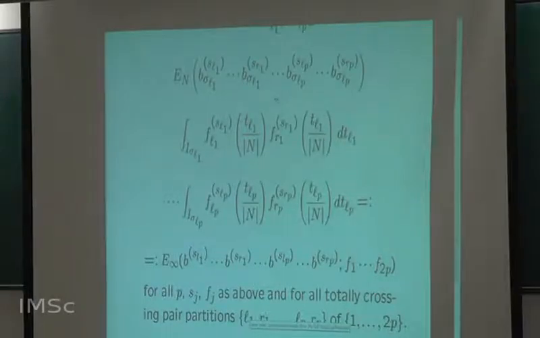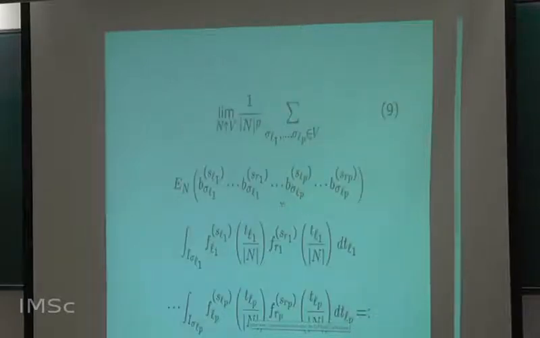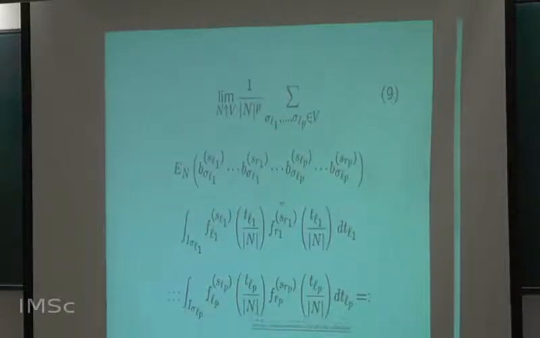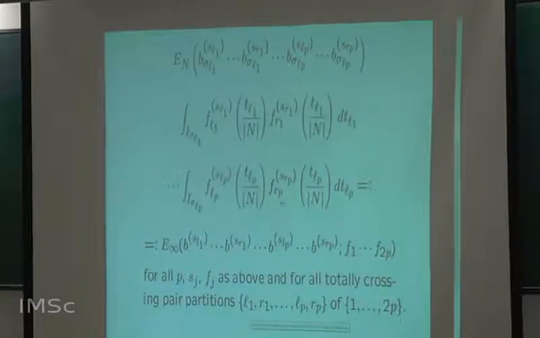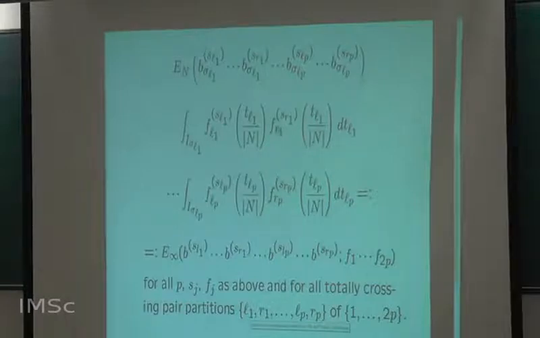For each index L, there is a corresponding index R. You see, L1, R1, LP, RP. I can put them together. This is the statement of the theorem. From the previous theorem that we proved, we have that only these pair partitions survive.